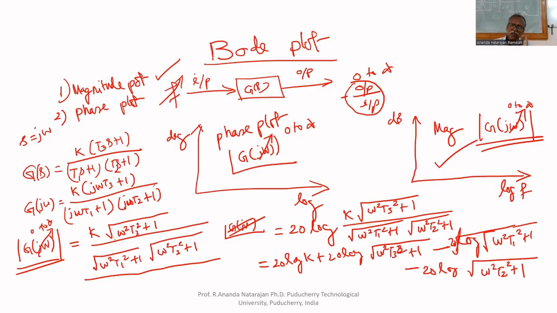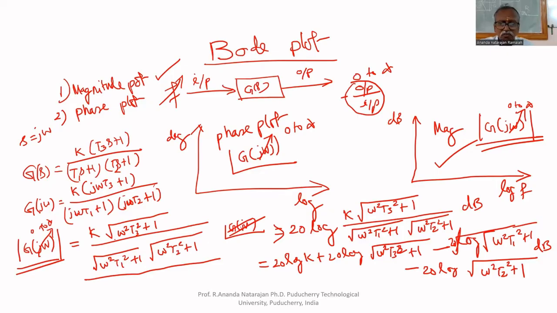What is the advantage of writing like this? Earlier it was in linear scale. Now it is in decibel, dB. The advantage is that we can add for each factor.